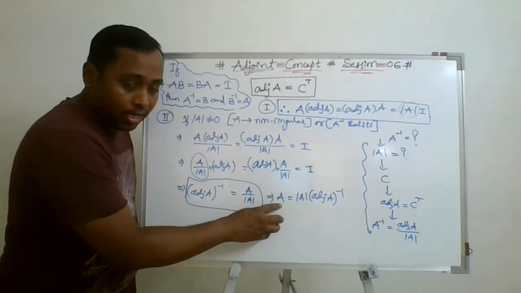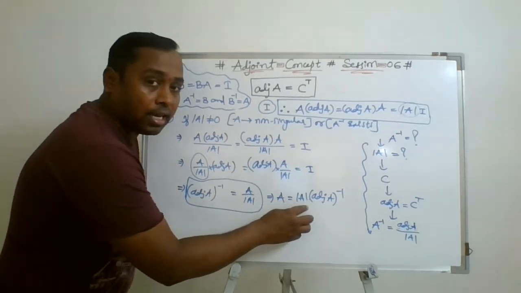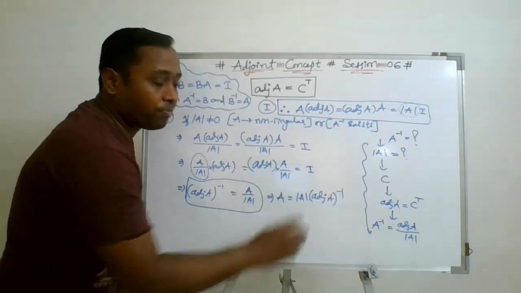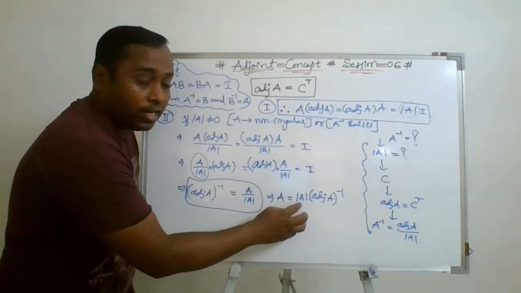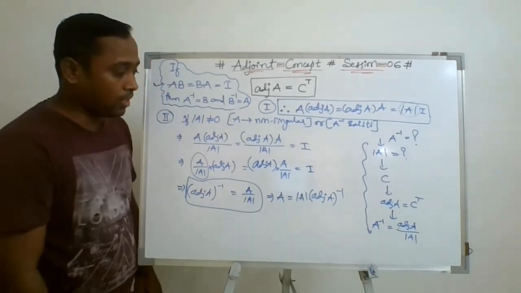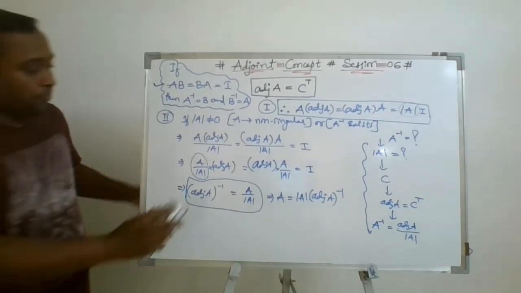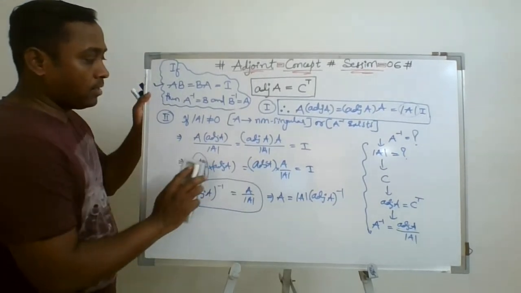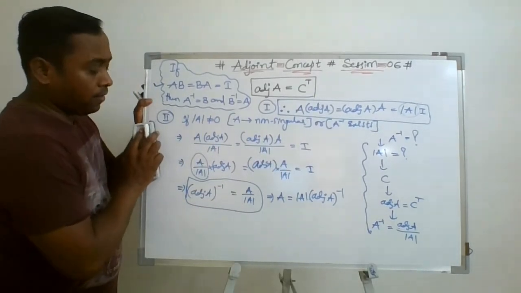So matrix A is given by the formula det A into the whole inverse of adjoint A. Now the question is, if you don't know the A matrix, how can you find det A? That is coming in the next result. See, whatever results we have derived, I am going to write in a list here, and thereafter we will discuss.